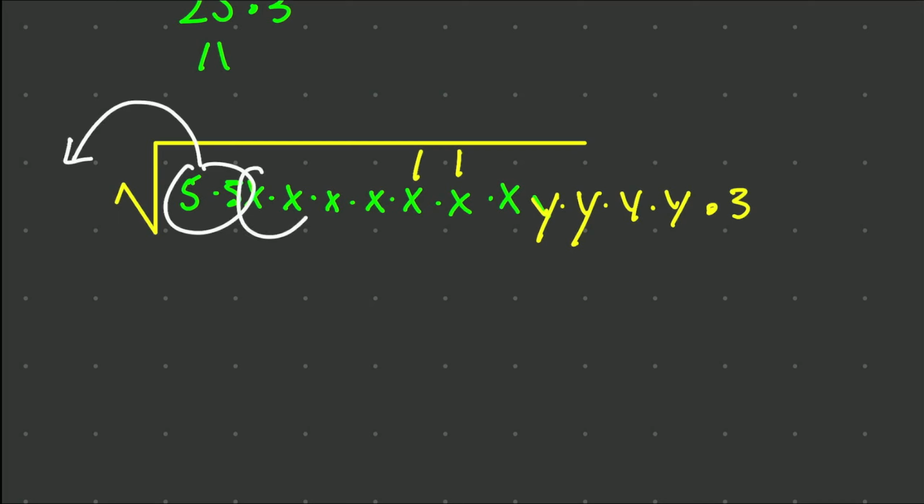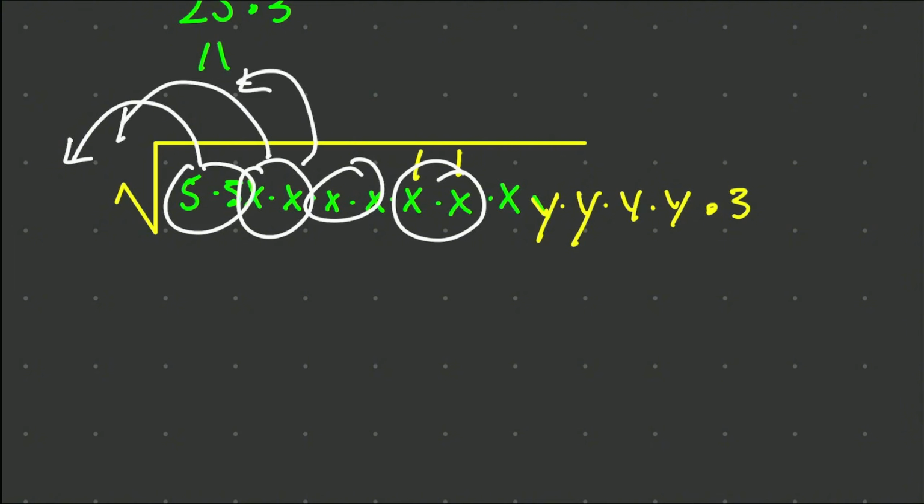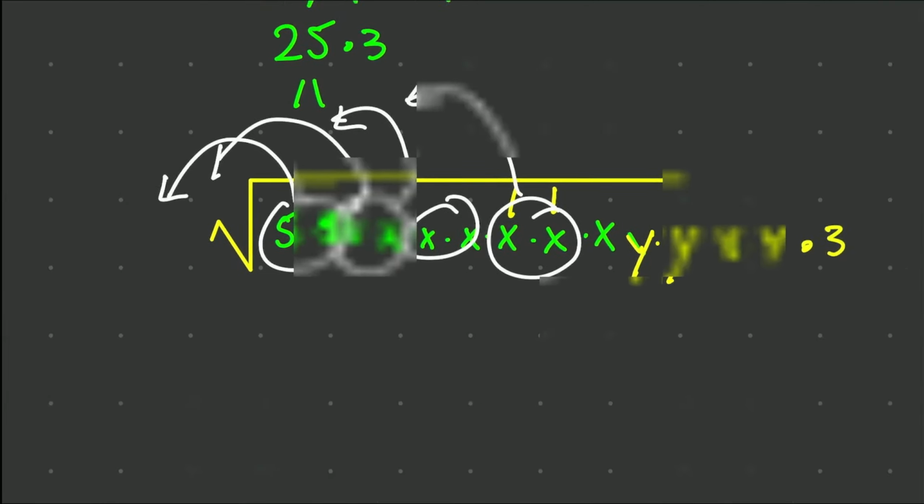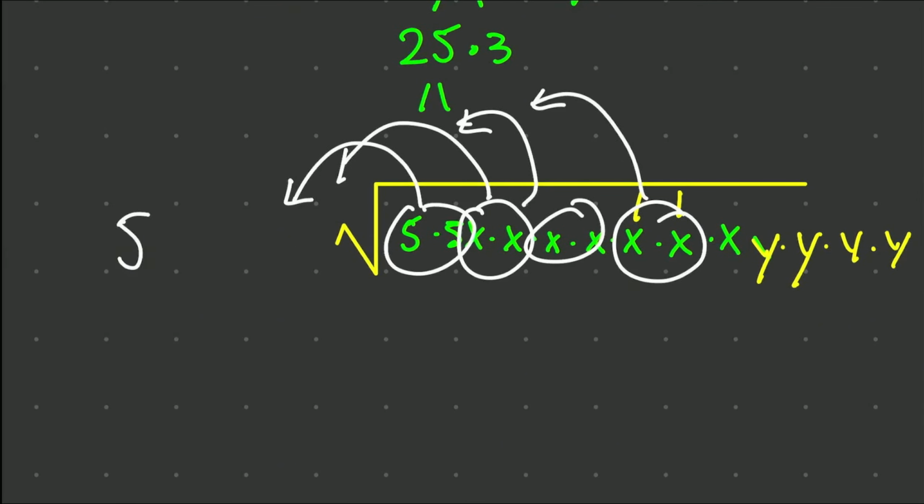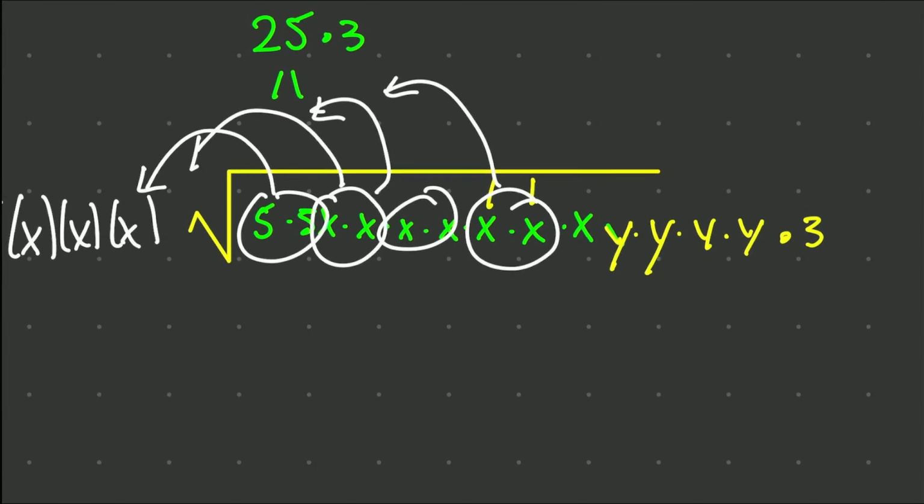In terms of this x, how many groups of x's are we moving out? 1, 2, 3. So, we're going to move an x out, an x out, an x out. We're moving 3 x's out. So, we have 5 times x times x times x being moved out. In terms of our y, we have 2 groups of y, which we can move out.